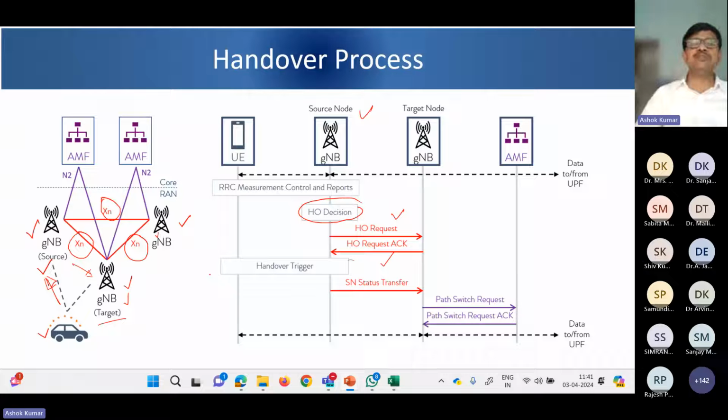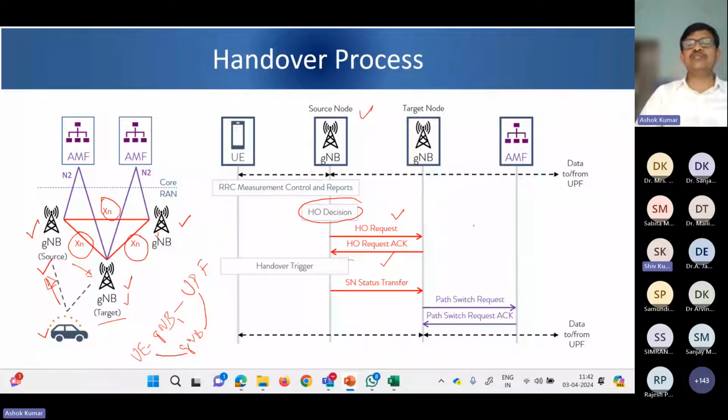So here comes the role of the AMF, with regard to the data path. The data path is UE to gNodeB to UPF. In this case, the data path is changing from one gNodeB to the next gNodeB. So the data path from the UPF has to switch like this.